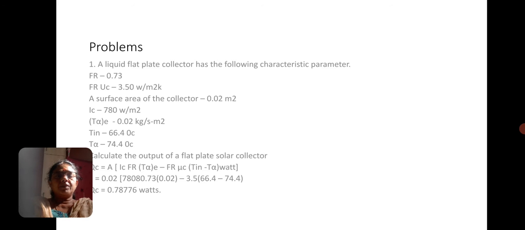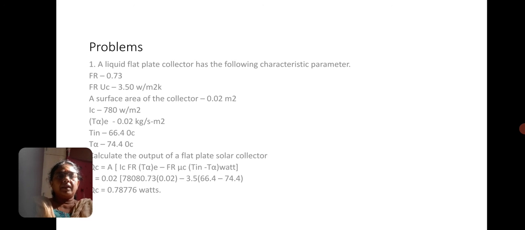In this expression the given parameters are substituted, then calculate QC; that value comes as 0.78776 watts. This is a very simple problem. Substitute directly in that expression and you can calculate it.